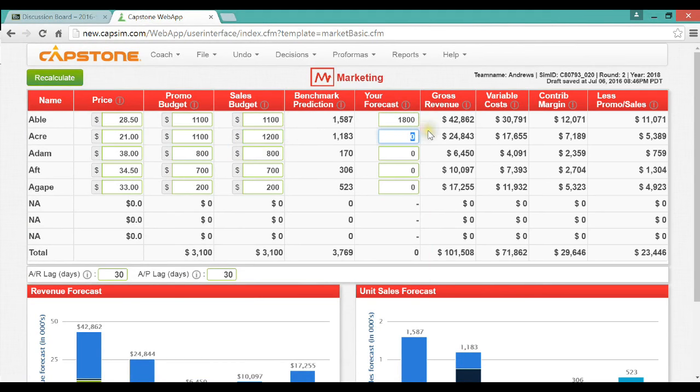And again, I'm going to hope that I can sell more than the benchmark. I'm not going to make any changes for these two in terms of advertising, because those aren't my focus. As a result, especially since I increased this price, maybe I'll forecast a little less. Generally, it's a good idea to forecast the worst case scenario. So I'm going to be a little pessimistic there.